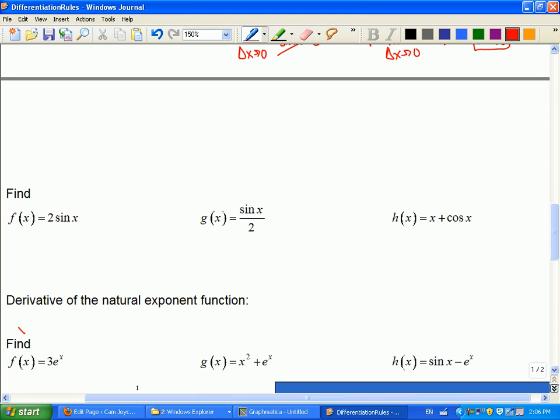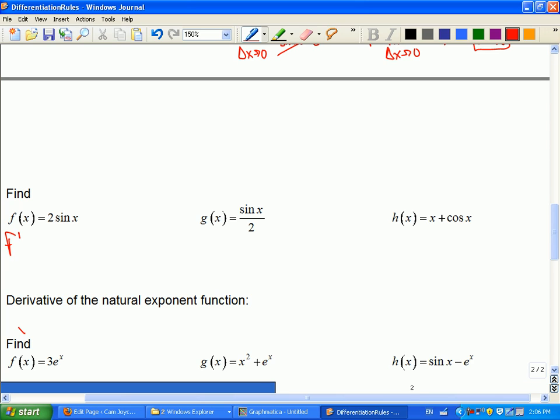Okay, so let's put them together then. If the function was 2 sine x, what's the derivative? 2 cos x. Good, 2 cos x. All right, sine x over 2 is cos x over 2.